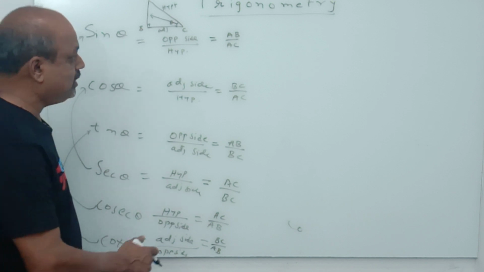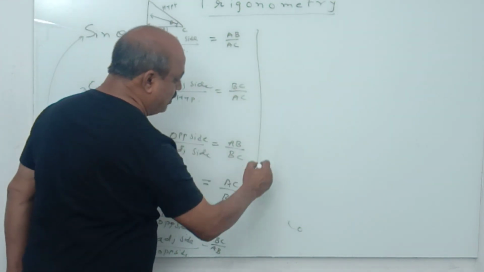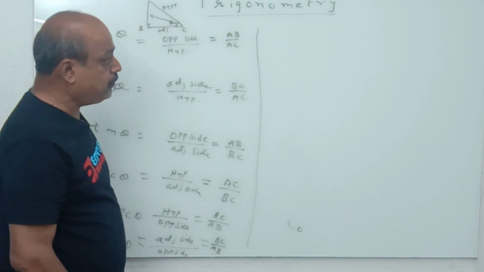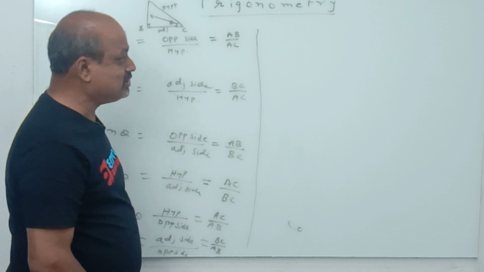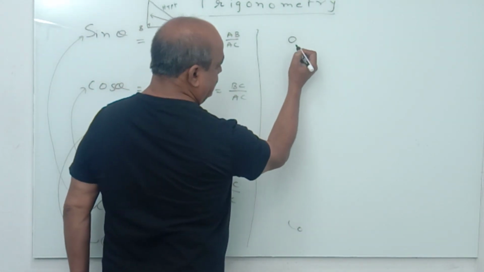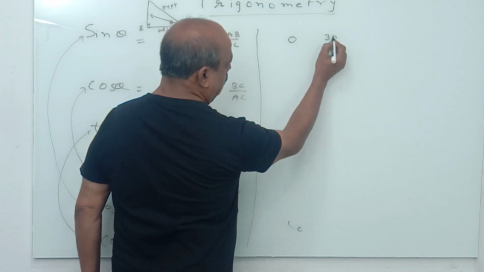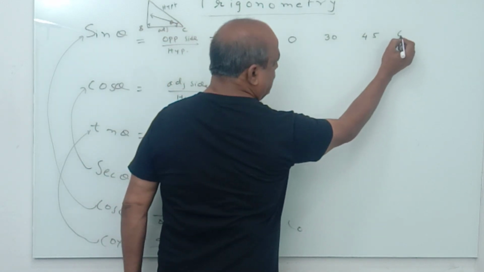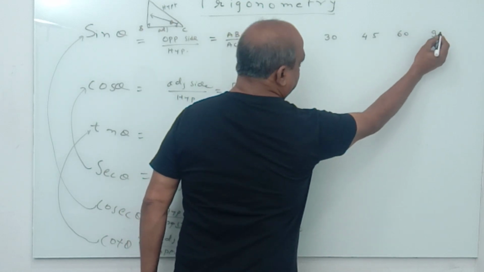Now in 9th standard, we have to go through certain standard angle values for these trigonometric functions. So I will write down those standard angles: 0, 30, 45, 60 and 90.